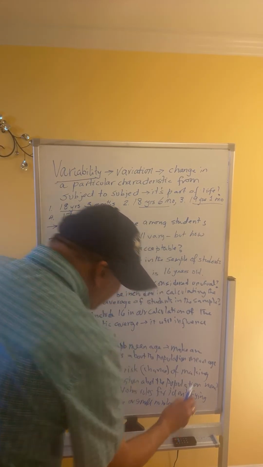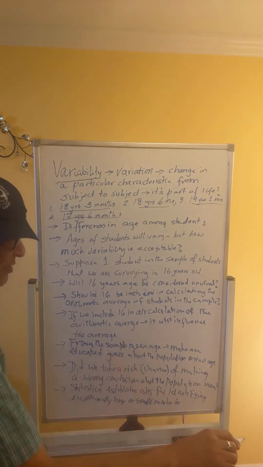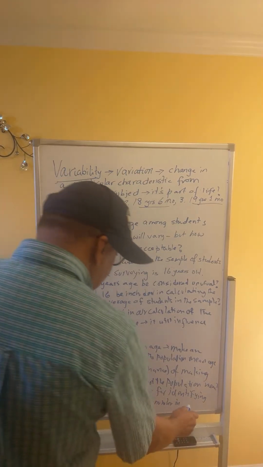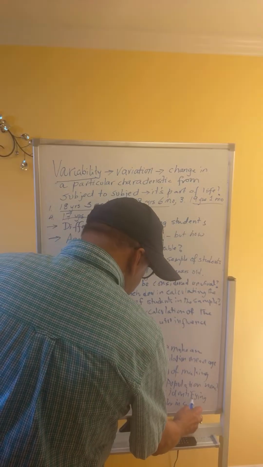And these large numbers or small numbers appear because of variability in a data set.